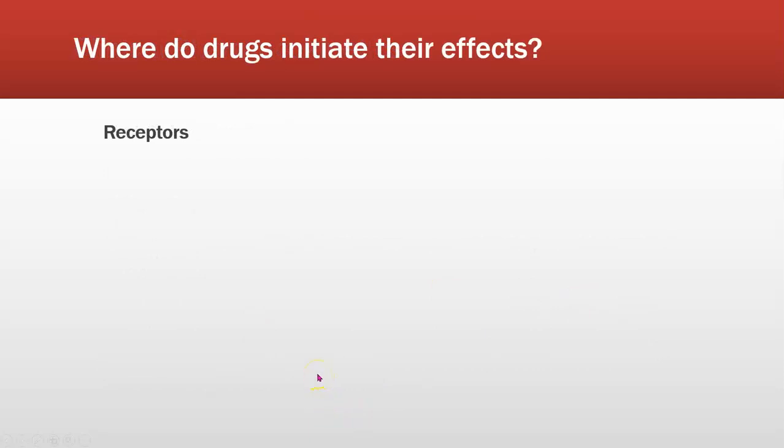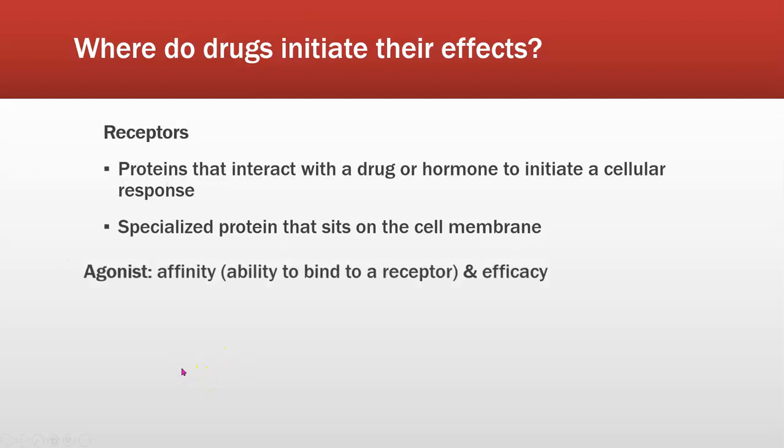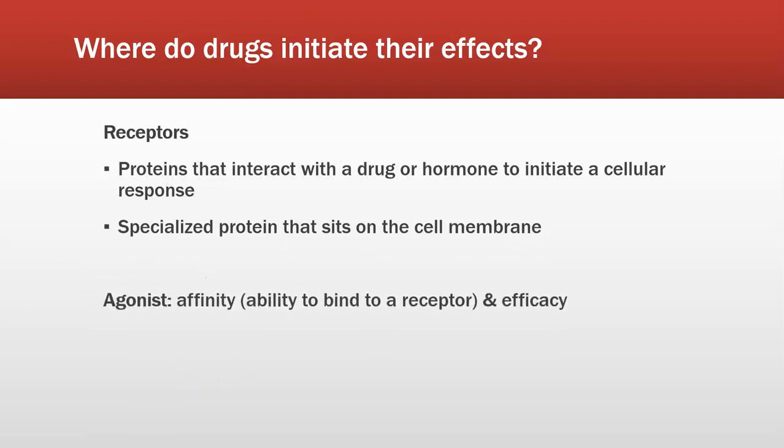Now, where do drugs initiate their effects? In receptors. So, proteins that interact with a drug or a hormone to initiate a cellular response. A receptor is a specialized protein that sits on the cell membrane. And so you'll need to know for sure, what is an agonist?